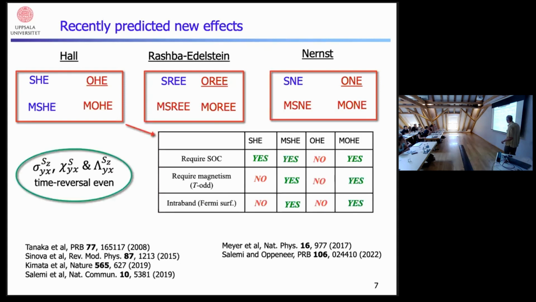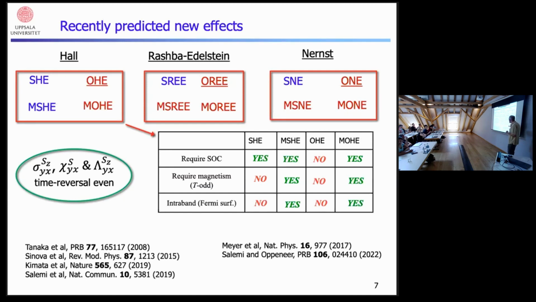And I want to highlight especially these new effects in my talk. So if you go back here and we look at the whole effect, we have here the spin Hall effect, time reversal even, the spin Seebeck effect, and also spin Nernst effect, all time reversal even, but not these lower lines here. And you can also make a plot here for how these things arise.